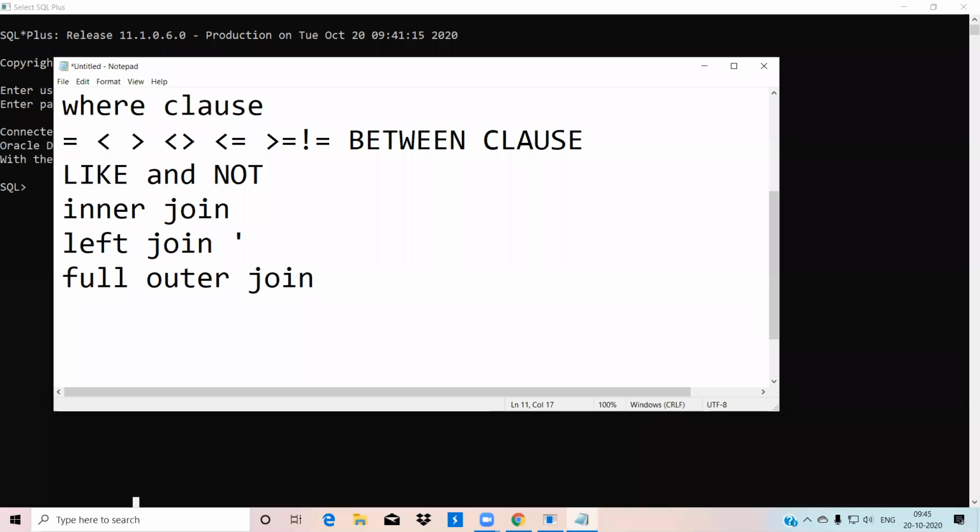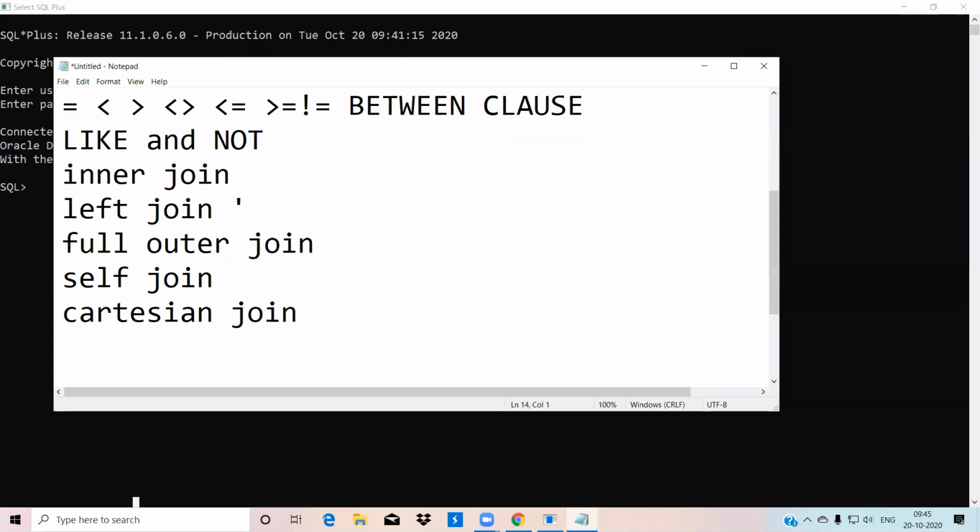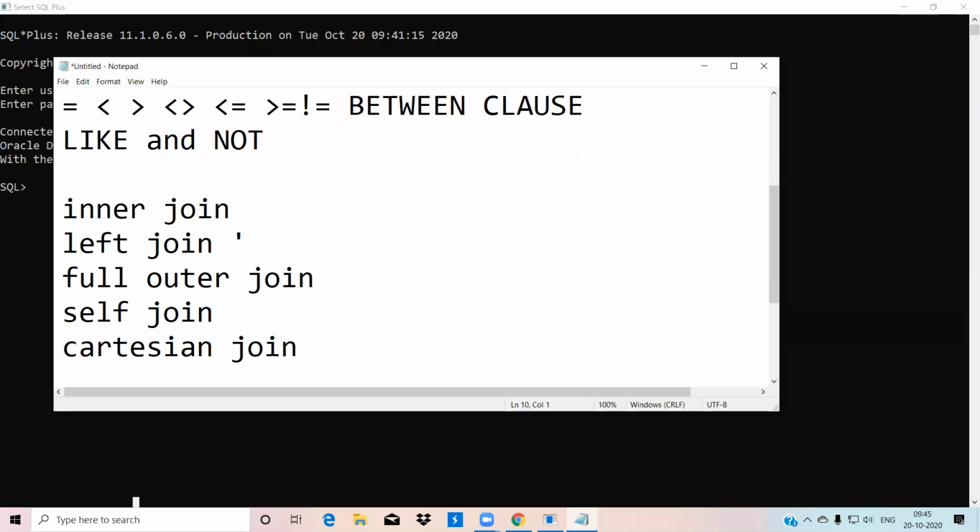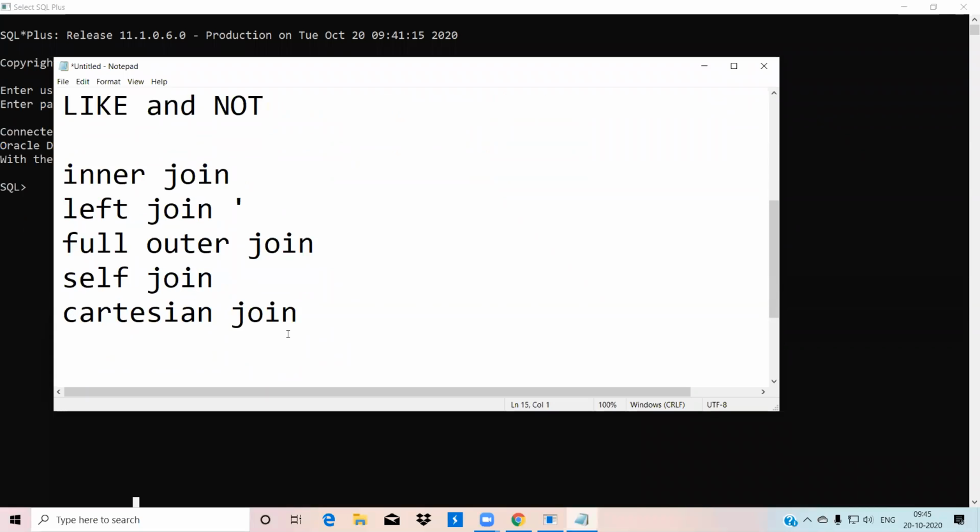Fourth is self join. And fifth is Cartesian join. These are the different types of joins which you are going to learn in your class today. First, let us discuss what an inner join is.